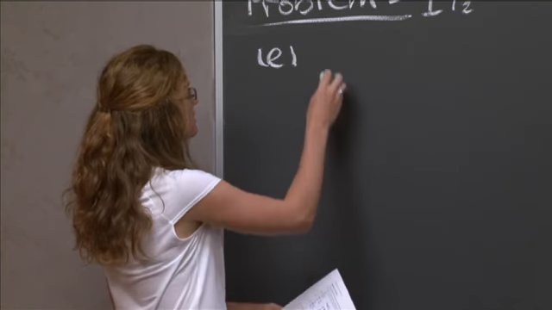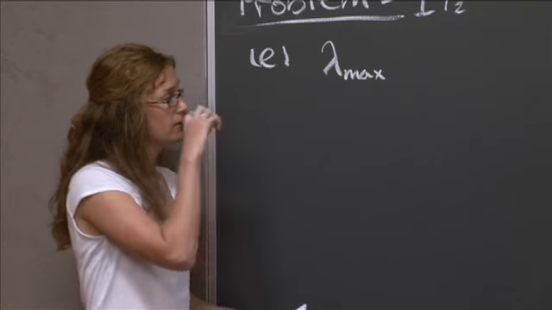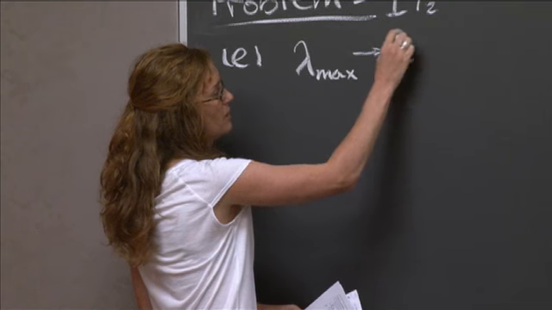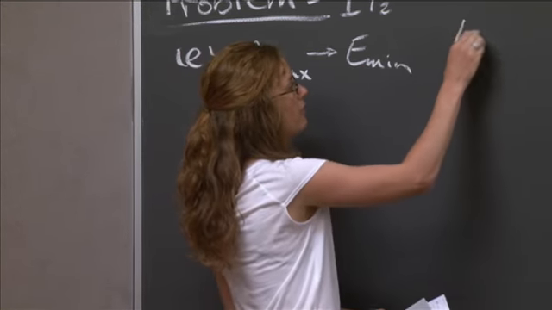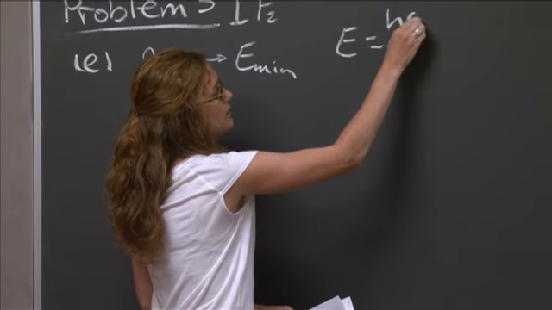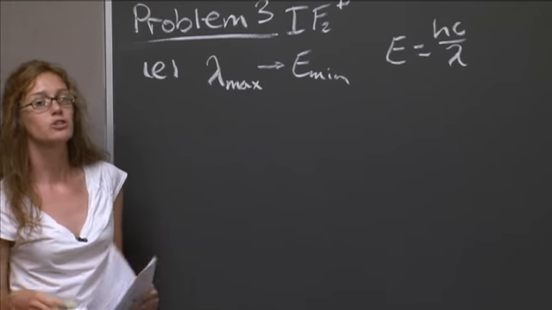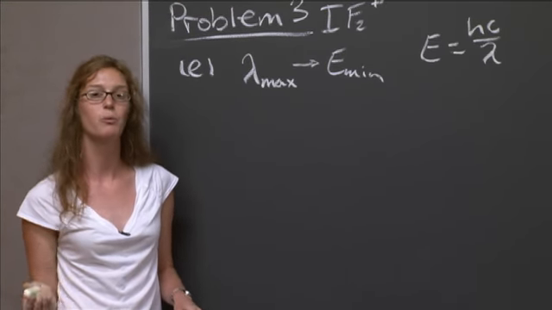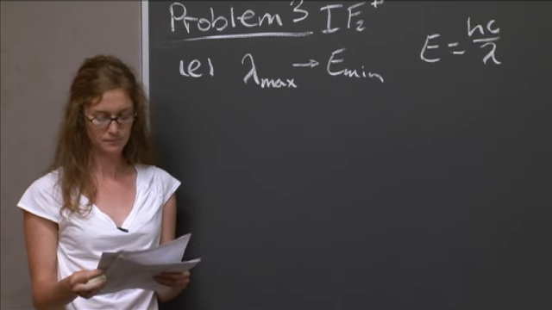So we need to find the maximum wavelength, which corresponds to the minimum energy, right? Because we have E equals hc over lambda for electromagnetic radiation. We're trying to figure out the lowest energy of photon that will break the IF bond.